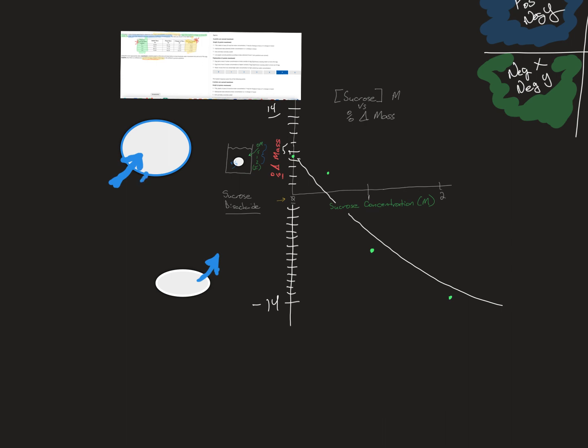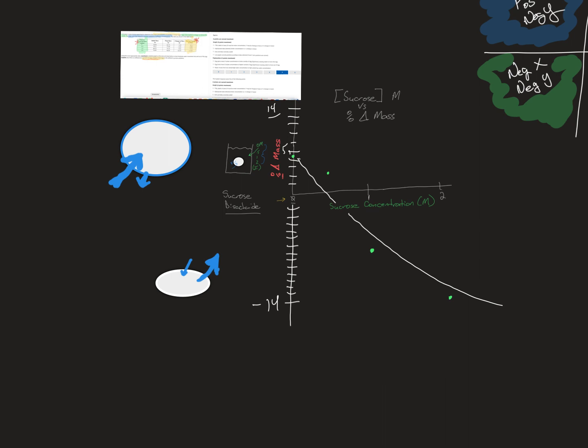You had some going out. But the opposite was going on in both directions. But there was more water going out than in at the bottom, and more water going in than out at the top.